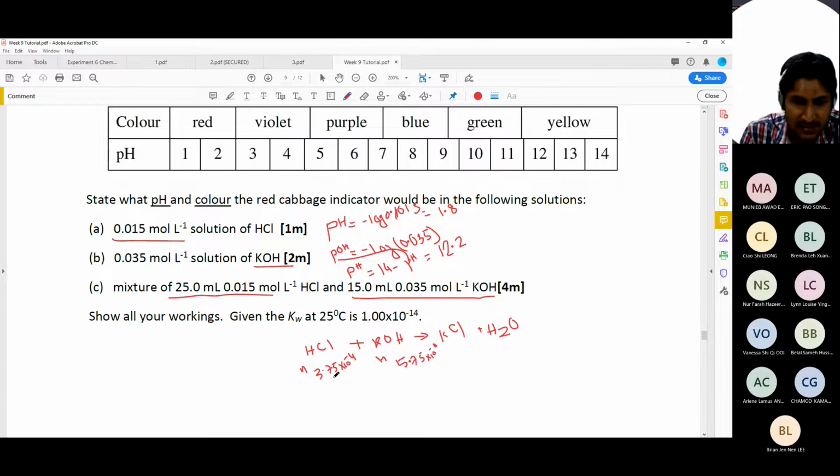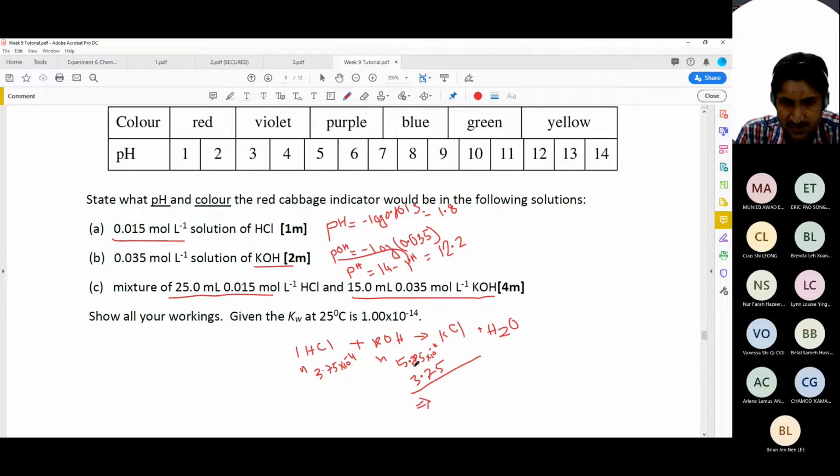All right, so these are the numbers of moles, and from here we see this is a 1:1 reaction. So the exact amount of potassium hydroxide will be used, and the leftover is, between 3.75 and 5.25, the 3.75 will be deducted from 5.25, and the balance is potassium hydroxide, right?